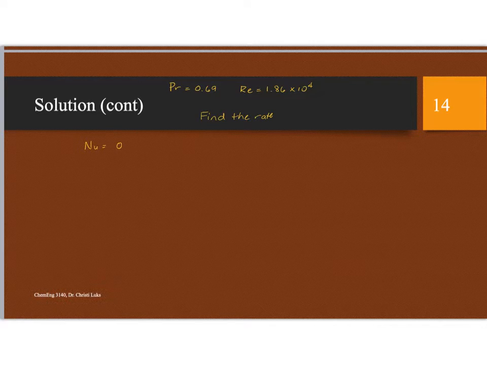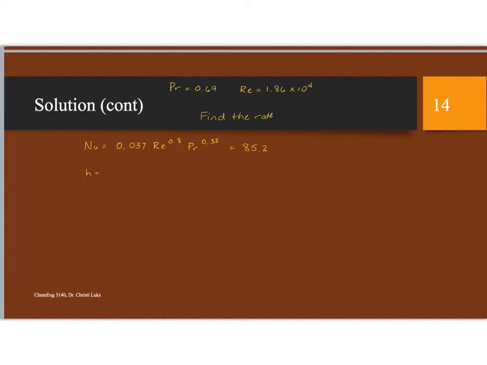If you browse through the equations available to us, you'll find 0.037 Reynolds number to the 0.8, Prandtl number to the 0.33 is the appropriate equation for this situation, and that gives us a value of 85.2.